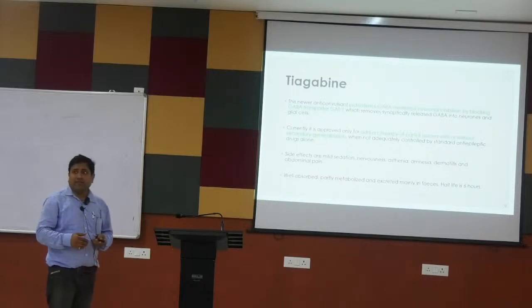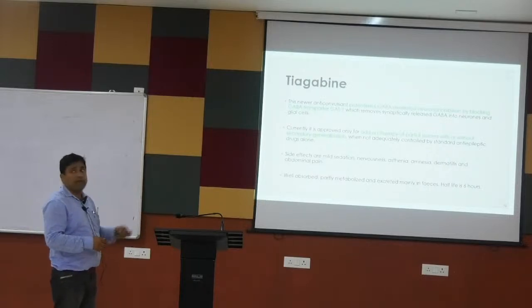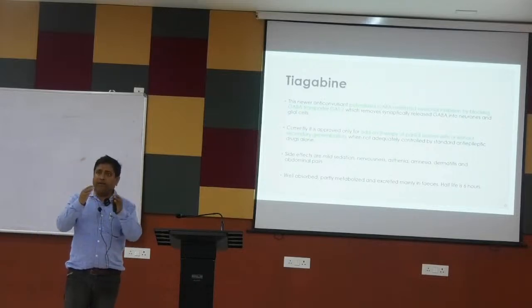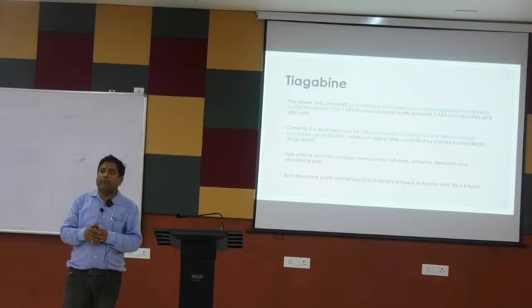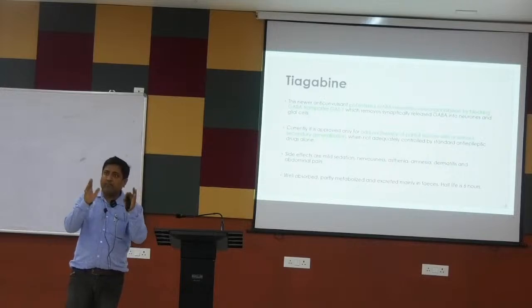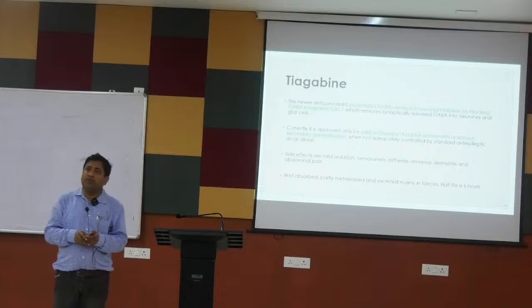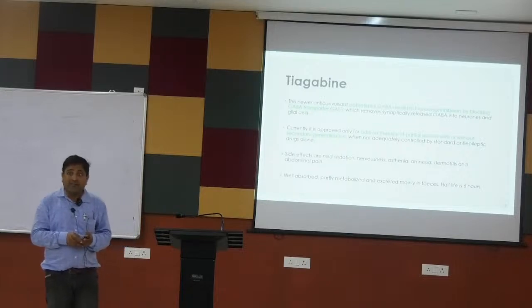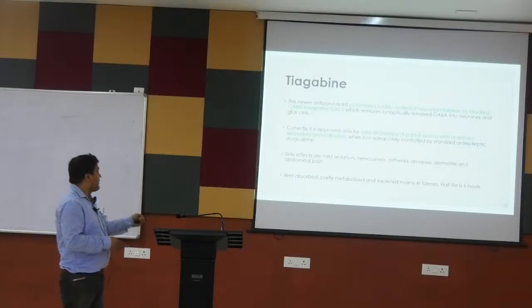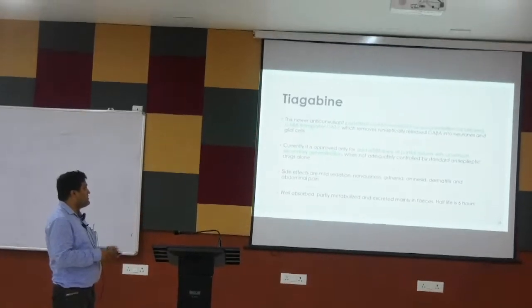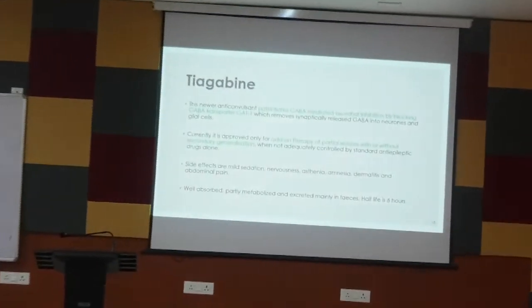So more GABA is available as they are blocking the GABA transporter. The synaptically released GABA is not taken up by the presynaptic neurons and hence more GABA is available to act on the GABA benzodiazepine receptor, and thus they are potentiating the GABA action. Currently it is approved only for add-on therapy of partial seizure with or without secondary generalization.